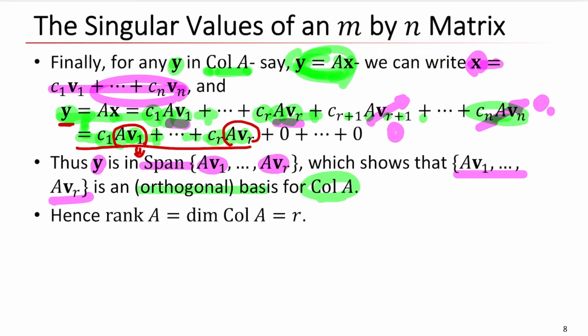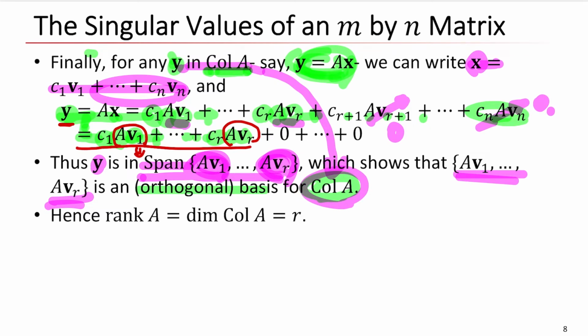Because any arbitrary vector y in the column space can be represented by a linear combination of Av1 through Avr, or spanned by them. So we can say that these vectors are an orthogonal basis for the column space of A.